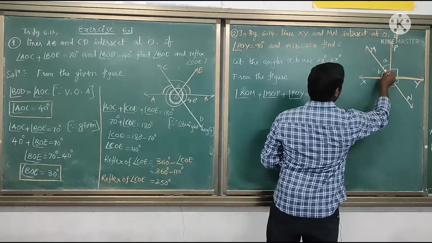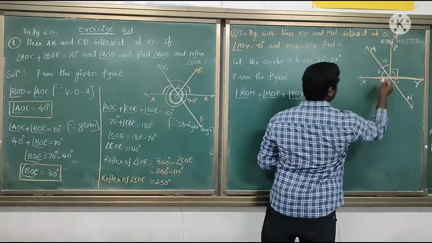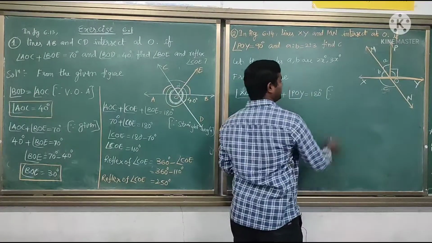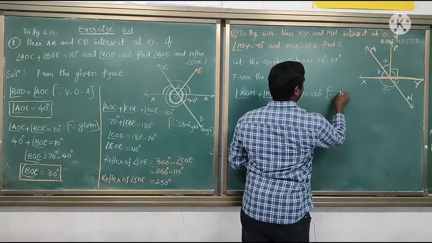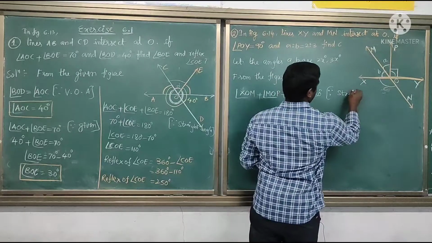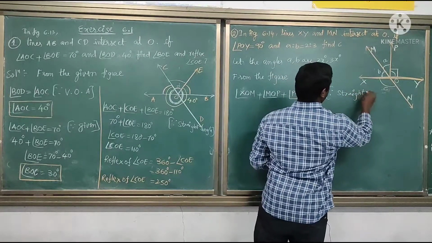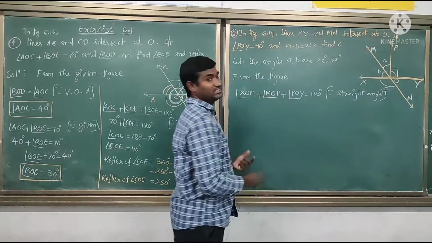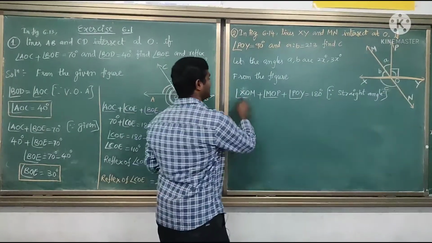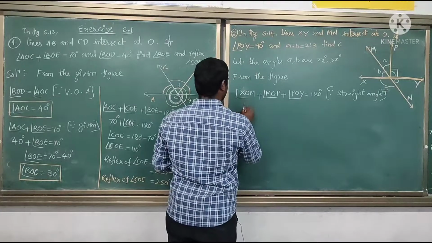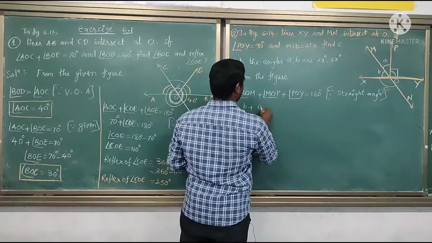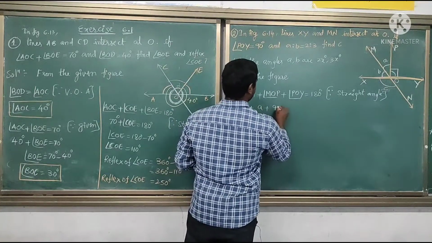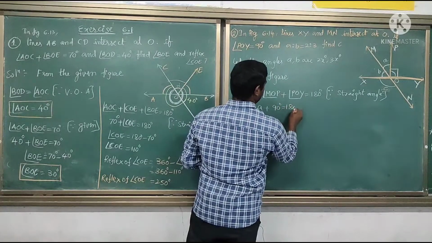This angle plus this angle plus these three angles equal 180 degrees. Okay, so a straight angle measures how many degrees? 180 degrees. So XOM is B, MOP is A, plus POY is 90 degrees, equal to 180 degrees.